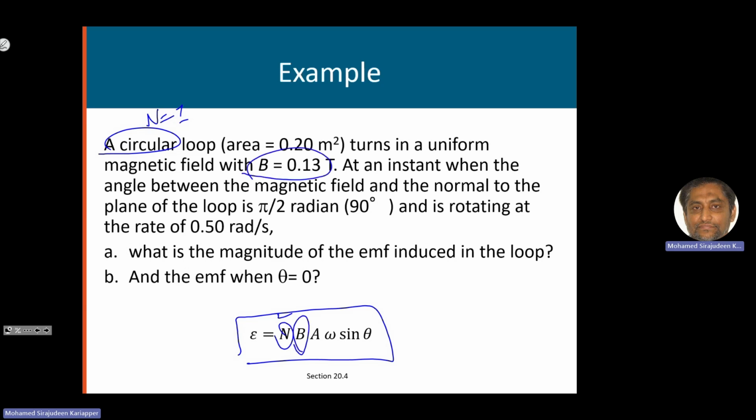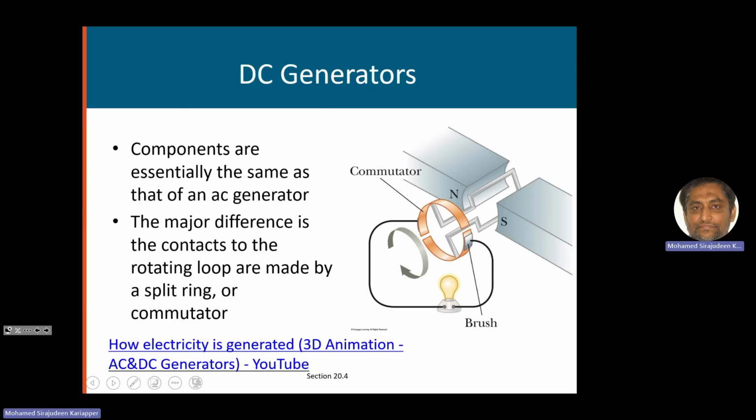The magnetic field is given, the area is given, and omega is given, and he is asking for the EMF when theta is equal to pi by 2, when it is flat, parallel to the magnetic field, and the perpendicular is perpendicular to the magnetic field. Sine 90 is 1, so you will get the maximum value for the EMF. And when theta is equal to 0, it is 0, since sine 0 is 0. Right. So fine.